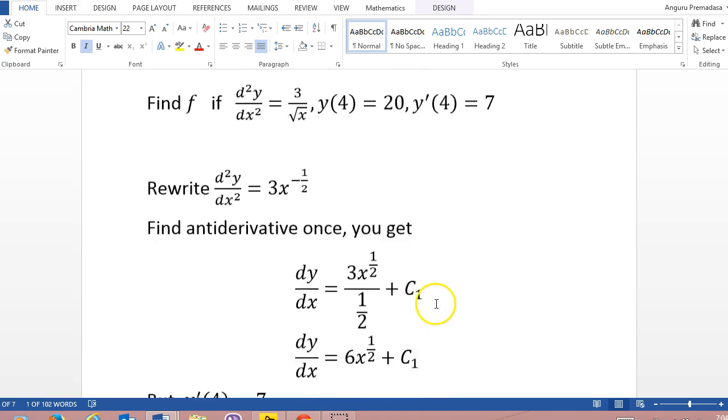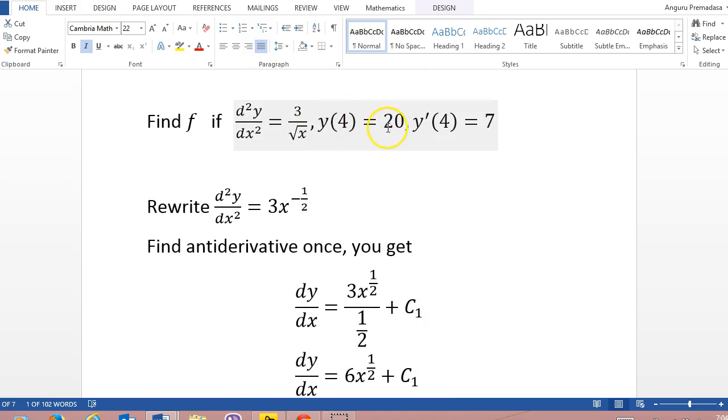You look at the other initial condition, which is y of 4 equals 20. That means if you plug in x equals 4, y is 20.